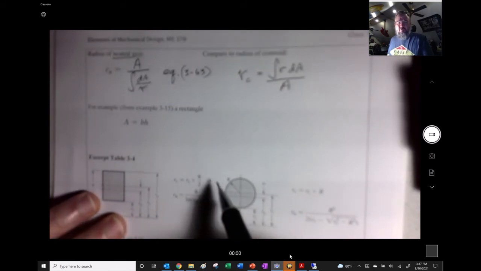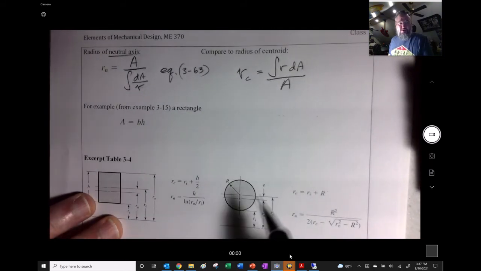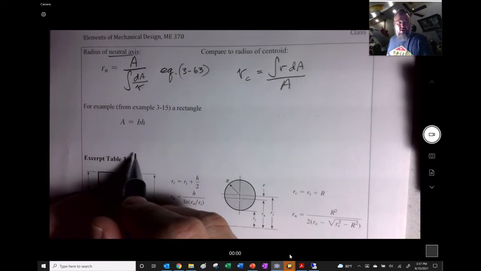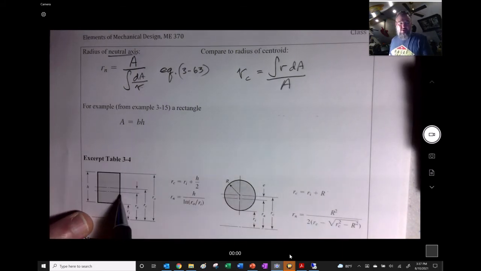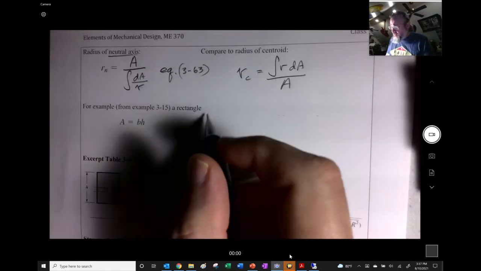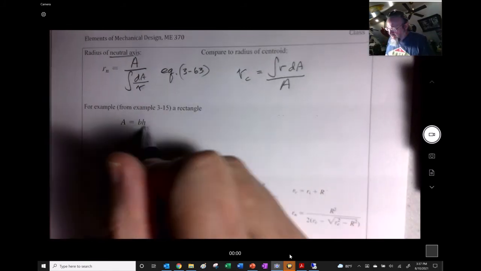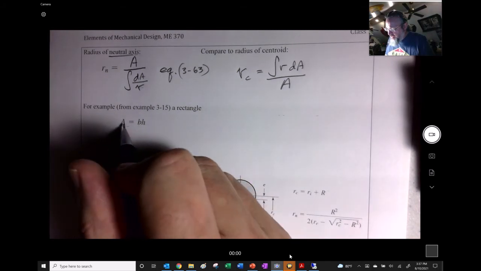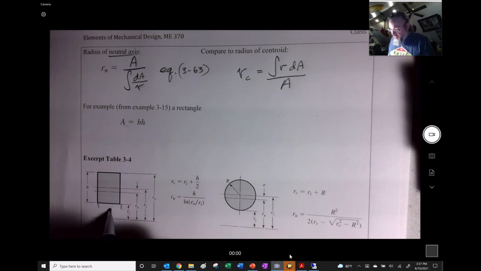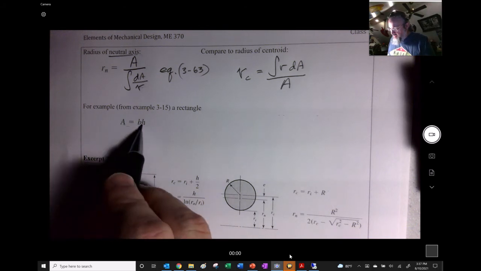But before we just jump into looking the thing up in a table, let's take a look at the most basic of things: a rectangular cross section. We could have a curved beam that has a rectangular cross section. We could say, okay, the area is just going to be the base B times height.